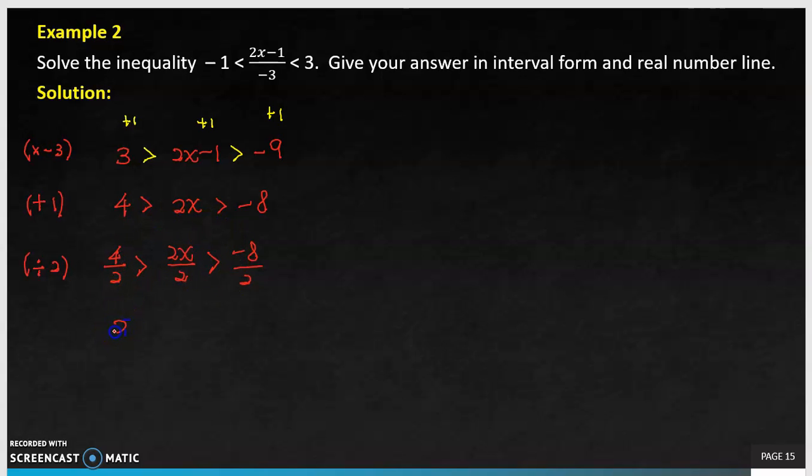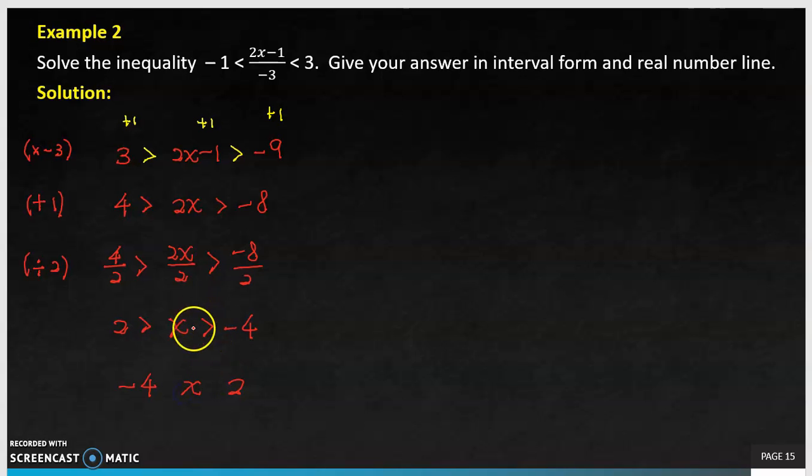So here is 2 greater than x greater than -4. From here, we try to arrange. Between 2 and -4, -4 is the smaller value, so we put it on the left hand side. +2, a greater value, we put on the right hand side. The center is x.